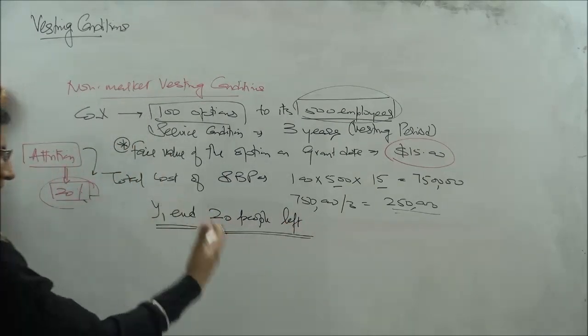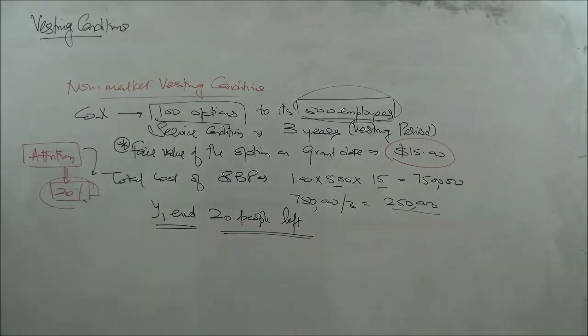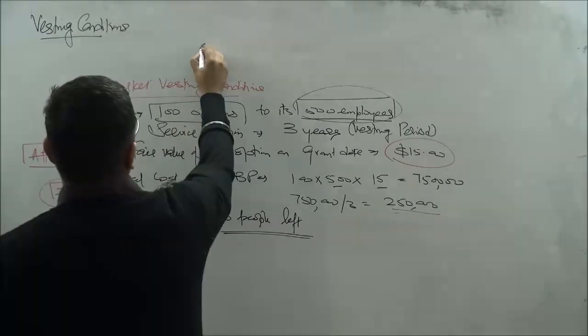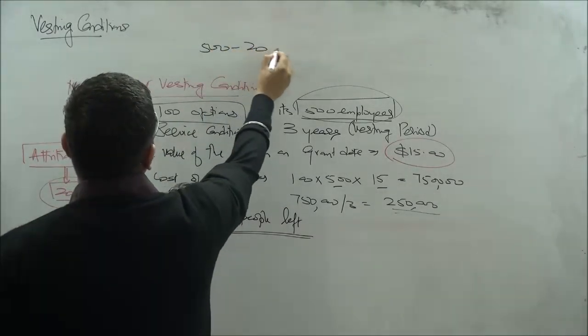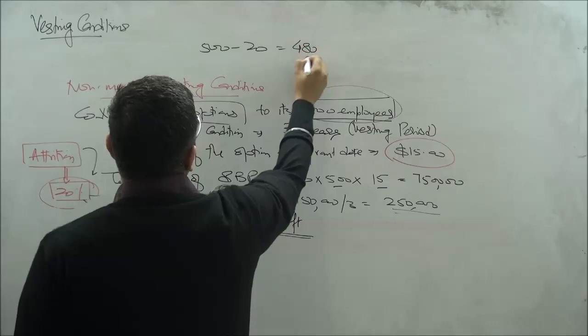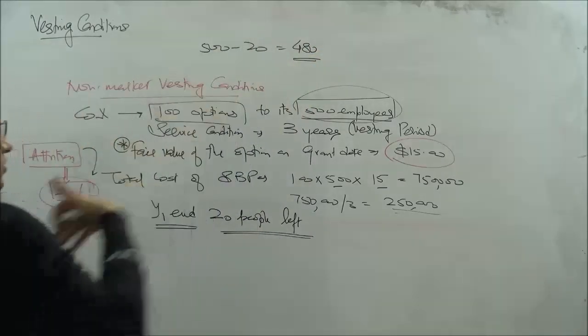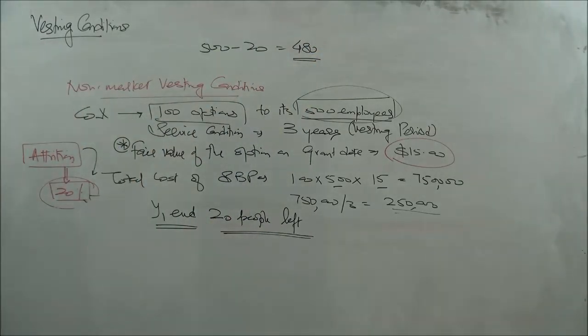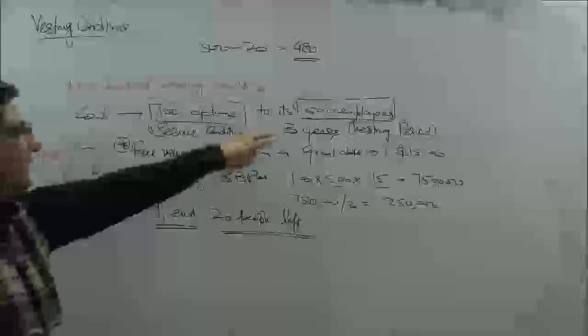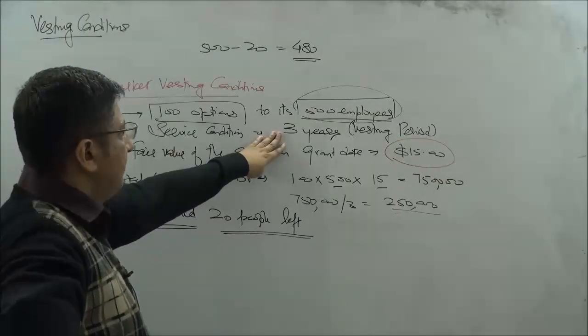Okay, so the accounting needs to be done, but here you look at it that effectively out of 500, 20 are gone. So essentially out of 480, I need to assess how many people would stay with the business by the end of the 3rd year, which is the vesting period.